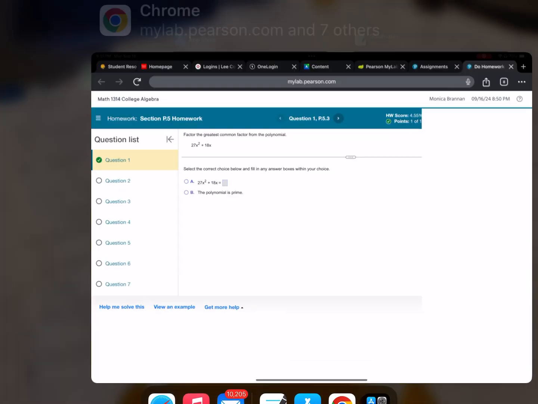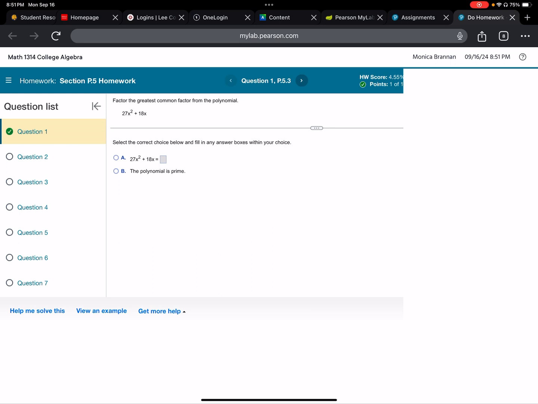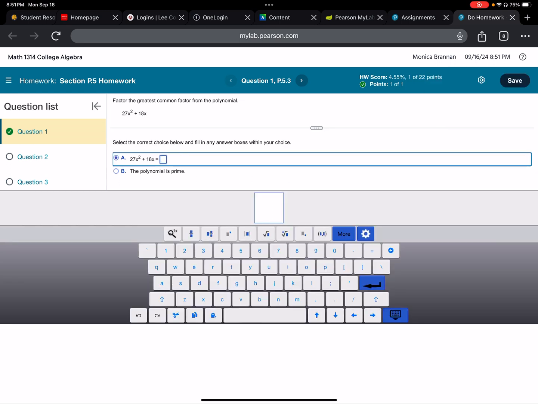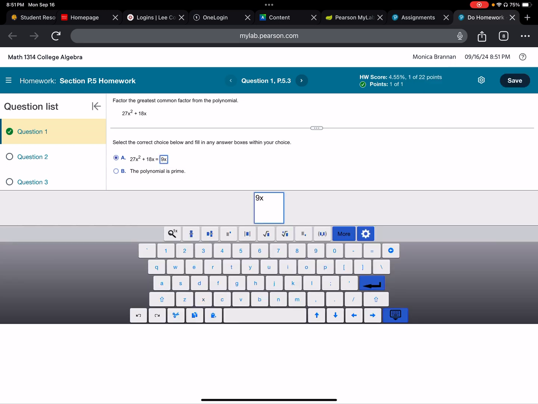So let's see, we've got 9x, parentheses. We don't want to use our brackets. Let's just put, where'd our parentheses go? Well, that's not very friendly, is it?